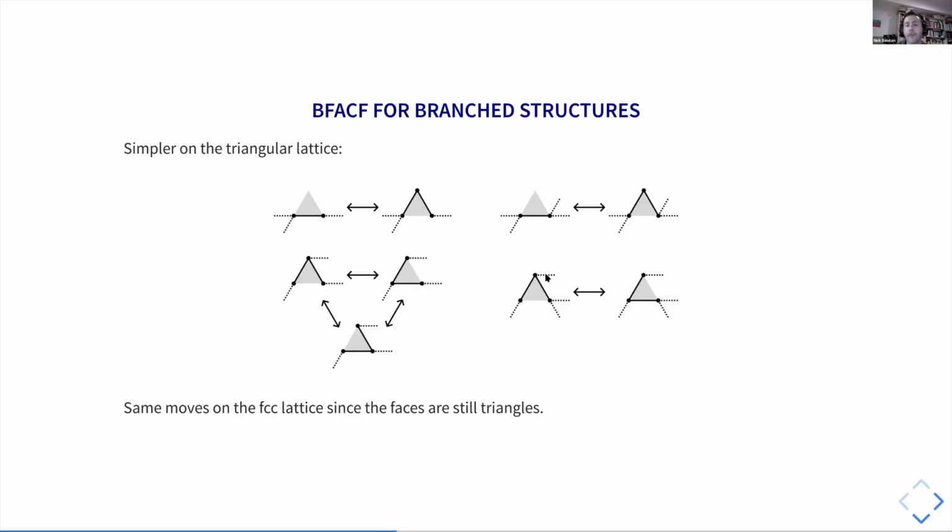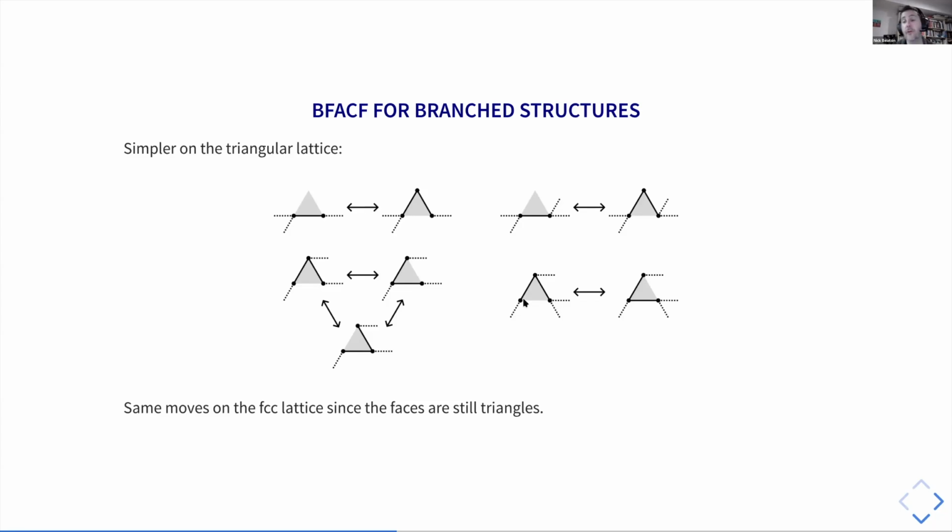But now we've got these other moves where I can move around vertices at degree 3, and so this one has this sort of triple of configurations where I'm rotating something around a triangle. And then this is a pair of moves as well, where I'm taking this vertex of degree 3 and it's moving along here.